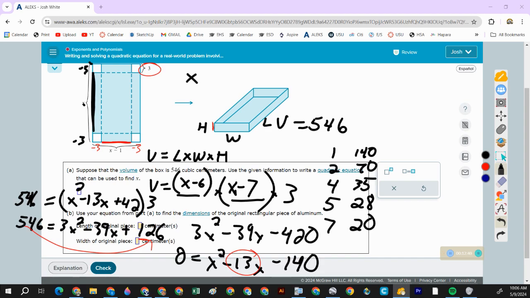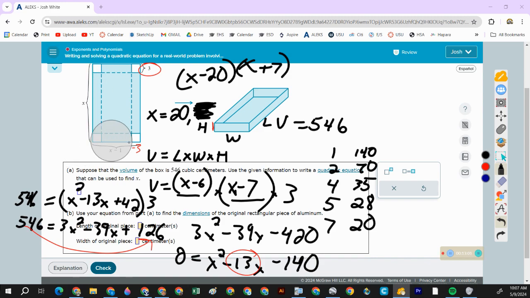So it's x minus 20 times x plus 7. So x equals 20 or negative 7. But negative 7 doesn't make any sense in this case because we can't have a negative side length, so that goes away. So x is 20, which means that this is 20 minus 1 minus 3 minus 3.